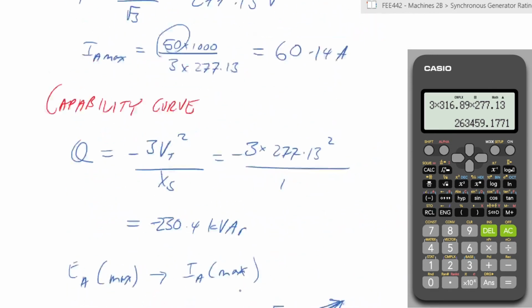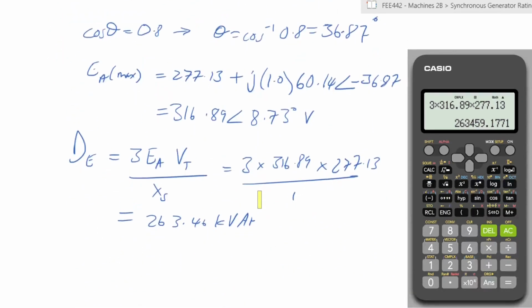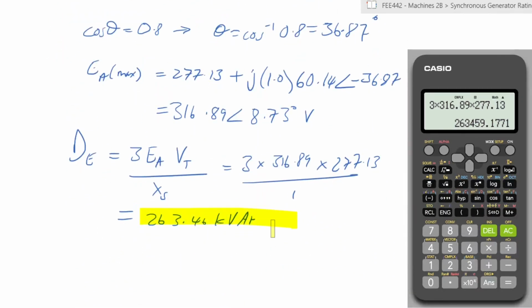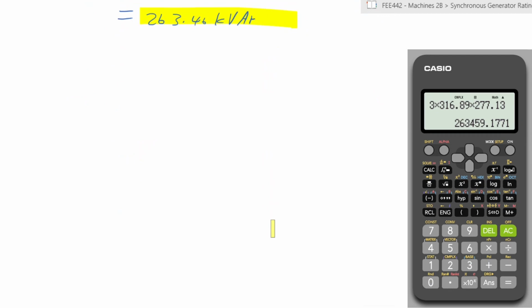Okay, so we now have two components of your capability curve. You have your Q there, and you have your DE, which is there, right? So now before we move to the capability curve, let's look at the maximum output.